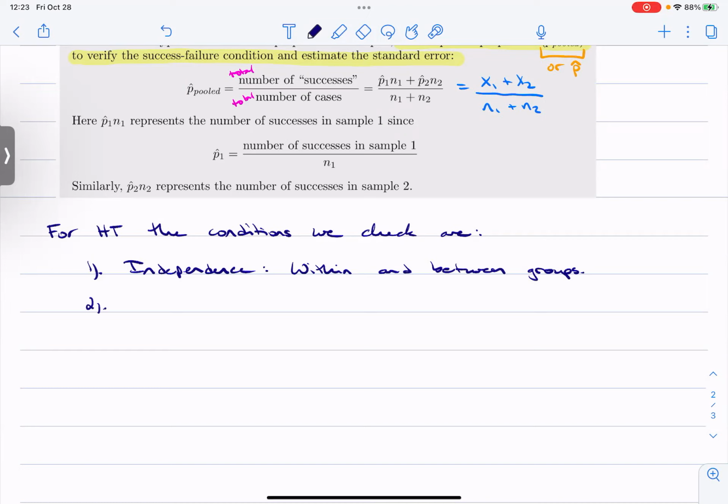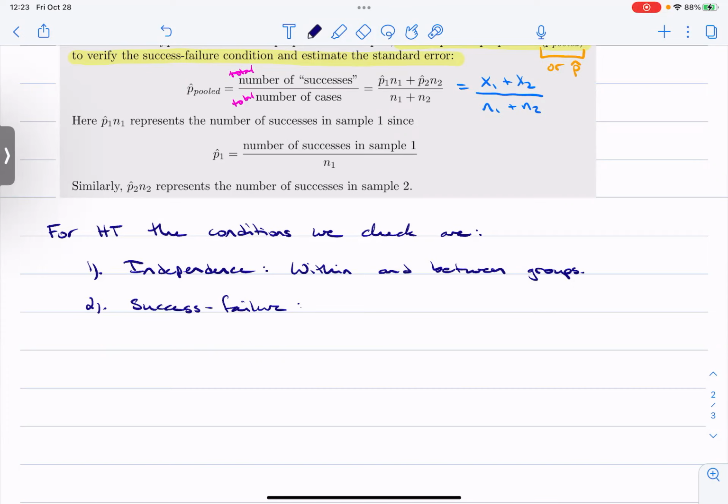The second is still the success failure condition. A little bit annoying that it jumps around so much, right? The success failure condition for confidence intervals, one sample proportion as well as two sample proportions, we use the P hats that we have, respectively. Whereas for one sample proportion hypothesis tests, we use the null P naught, right, to check the success failure.